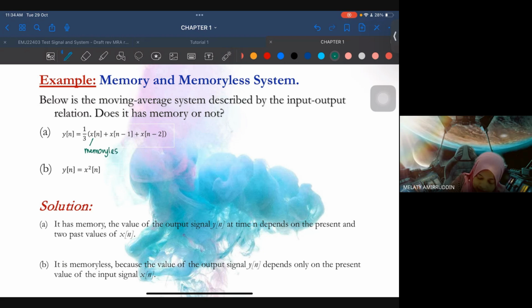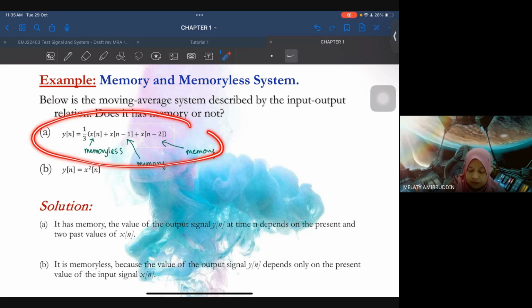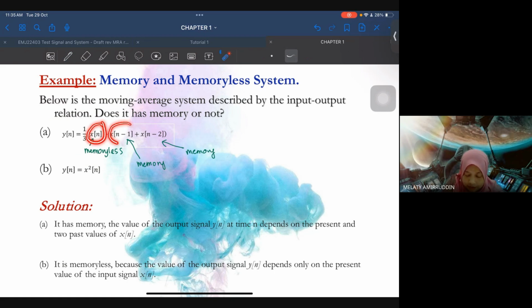Memoryless. Memory. Okay. So in this system we have three functions: memoryless, memory, memory, because of the minus 1 here and minus 2.